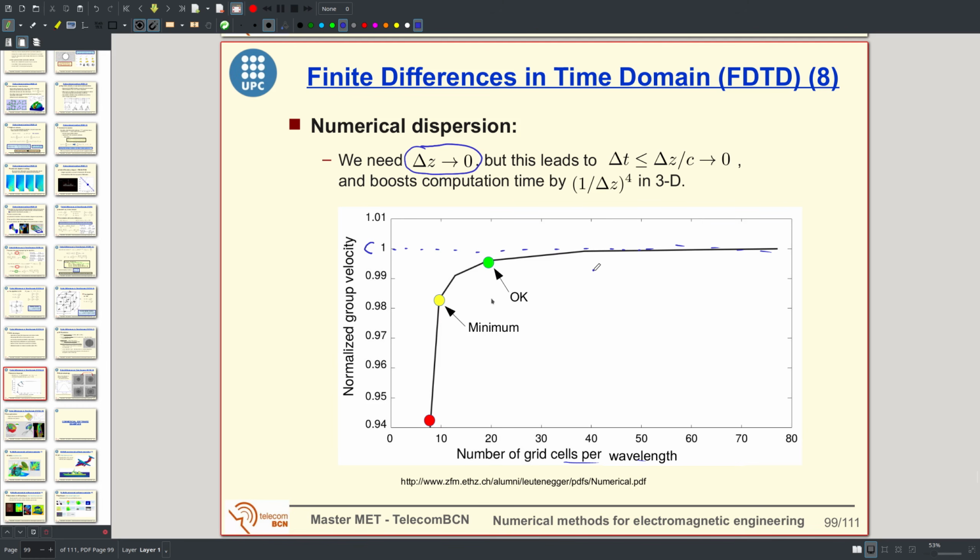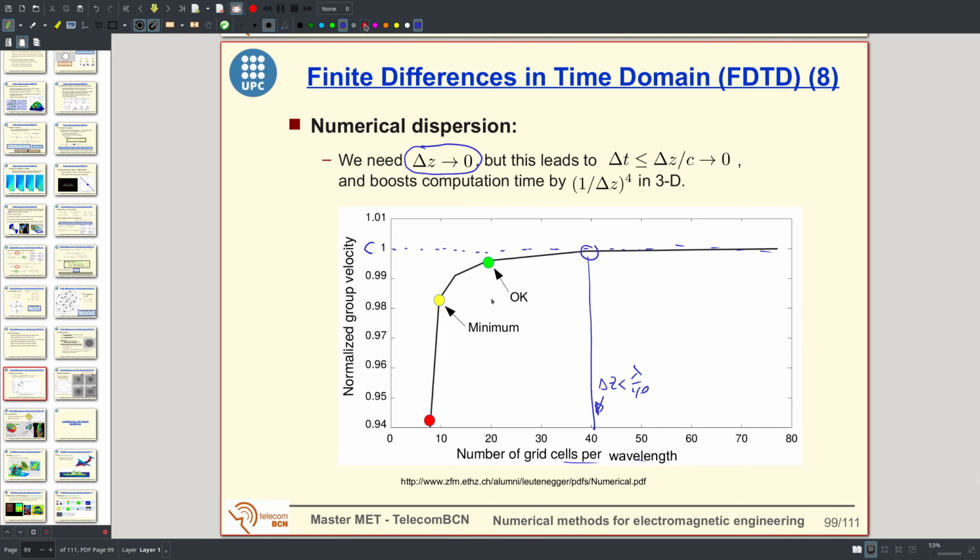So for very fine sampling of, let's say, 40 cells per wavelength, that is a sampling step smaller than lambda over 40, we get a numerical group velocity equal to the velocity corresponding to free space.